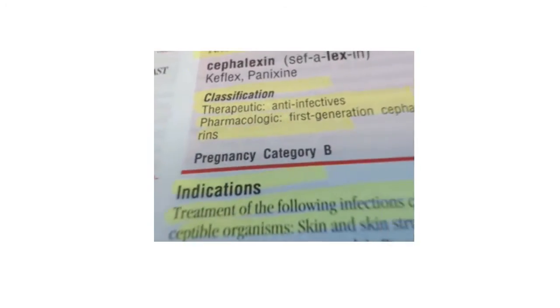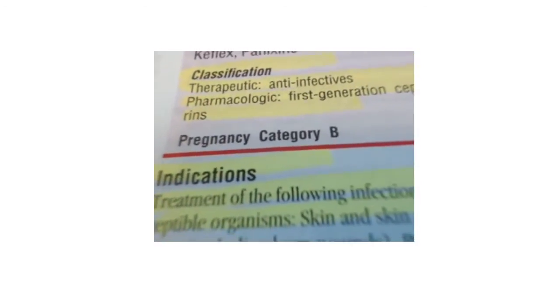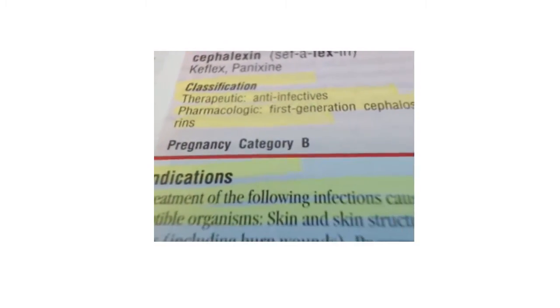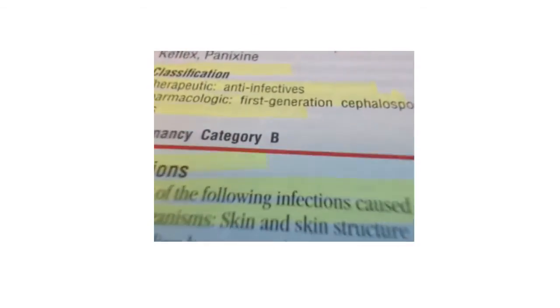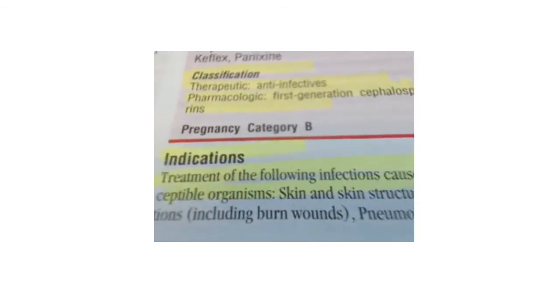Then we need to look at its indications. Treatment of the following infections caused by susceptible organisms. It can be given for skin infections. Sorry, the camera is wanting to move around on me.